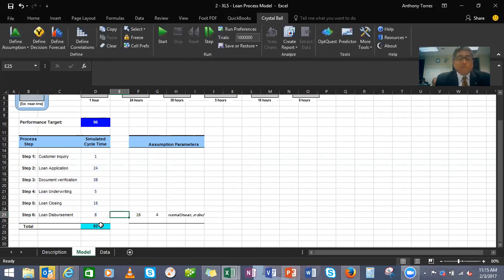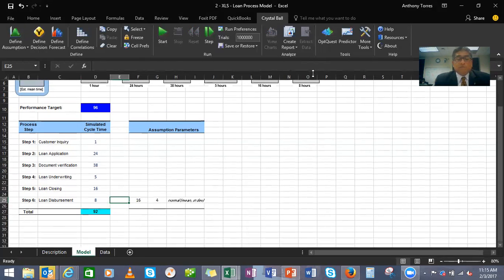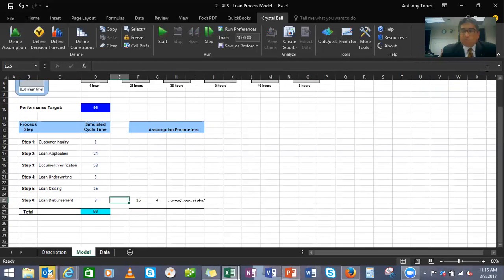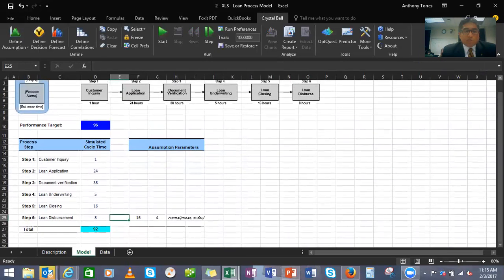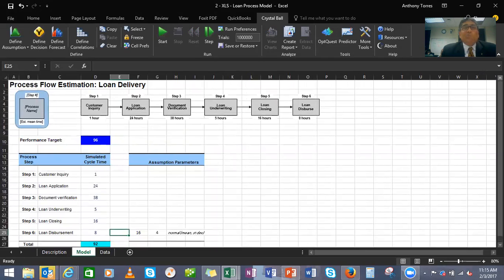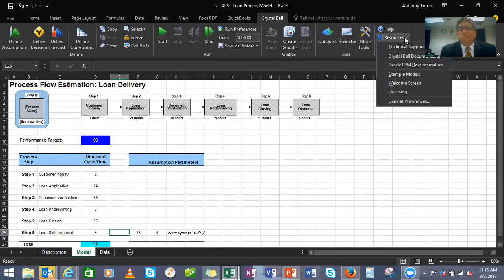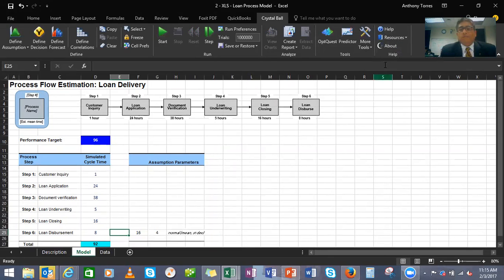If I know nothing about those inputs, meaning I haven't gone back to talk to anybody in the organization, I haven't looked at historical data, I haven't done anything, the simplest way to understand what might be contributing to variance is just to move each input up and down 10%. Remember we did that? So let's just do that again. So I'm going to run a tornado chart. This is the easiest way to get started on Monte Carlo simulation. Let's just find out what matters.